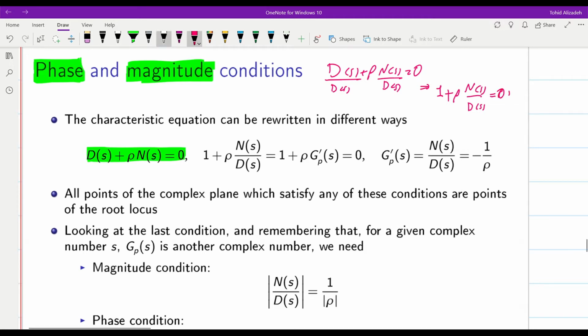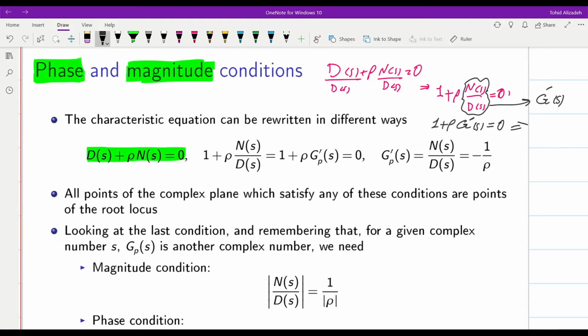And we already know that this n over d indeed could be denoted as g prime, where we have the gain taken out, okay? So 1 plus rho times g prime of s equal to 0.